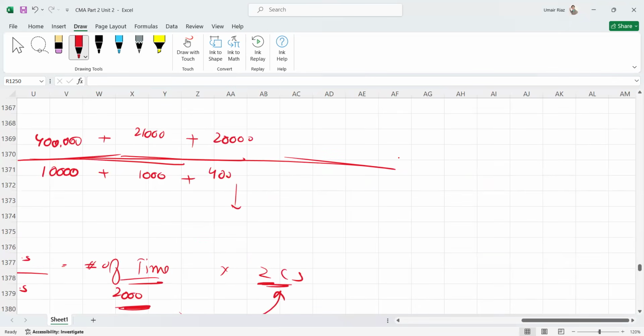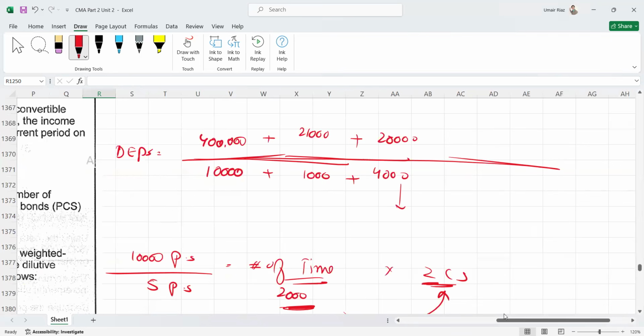So now diluted EPS will be calculated. Now see, numerator is adjusted, denominator is adjusted. Here we go. 400,000 plus 20,000 plus 21,000, so total is 441,000. What's the denominator? 10,000 plus 5,000, right? 10 plus 5, 15,000.